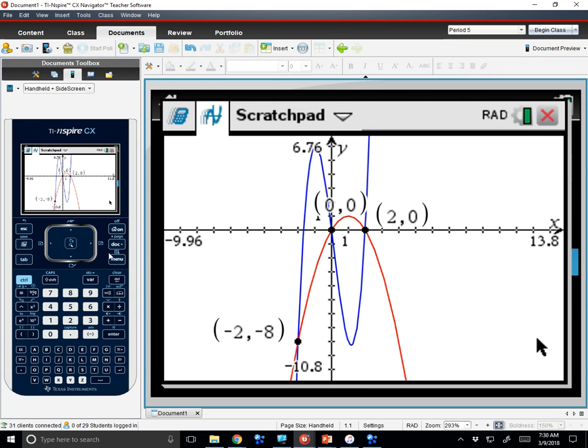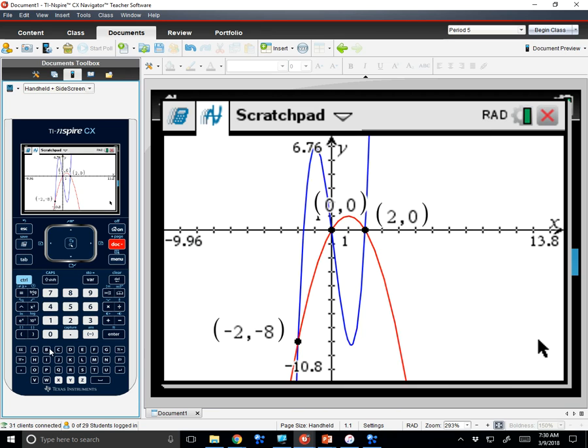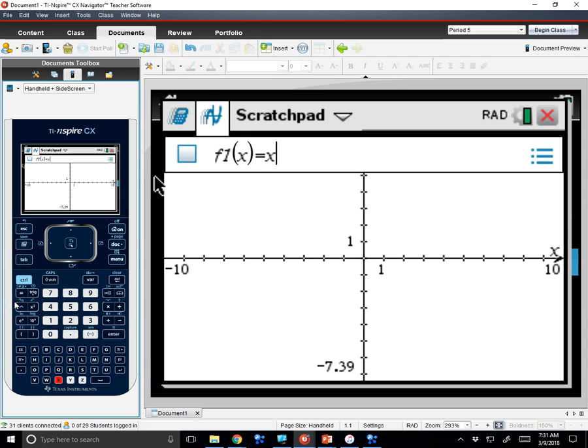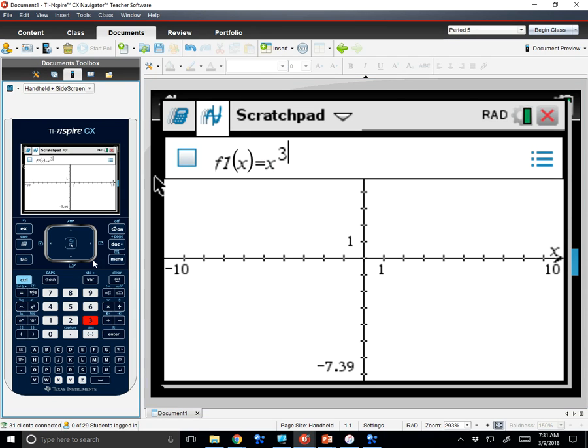Alright, I'm gonna get rid of what's there. Okay. So x cubed minus 2x plus 1.